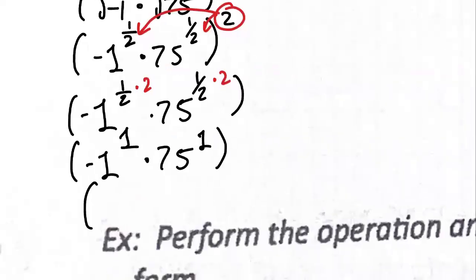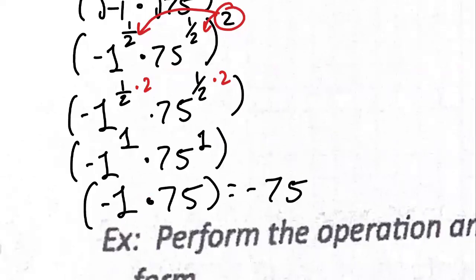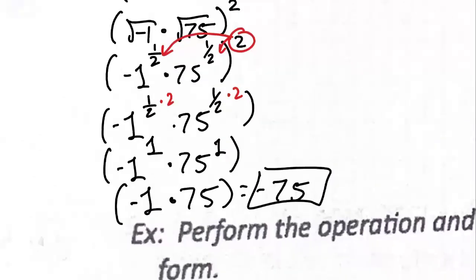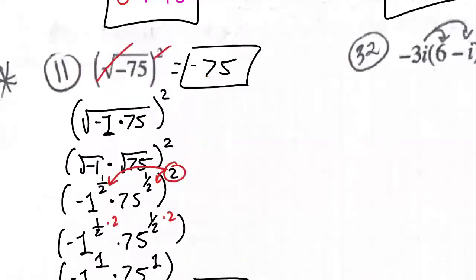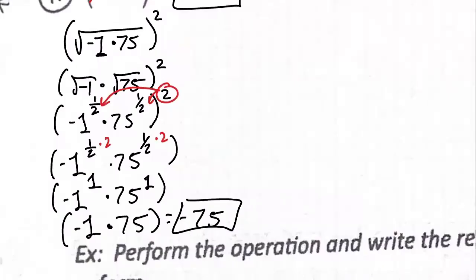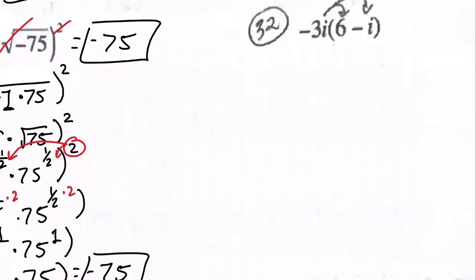So then you can simplify it as -1 times 75, which gives you -75. This is honestly the long way of converting radicals to exponential, the exponent to exponent rule. The only reason I could do the shortcut way is because you have a radical to the power of 2. So just got to be careful.